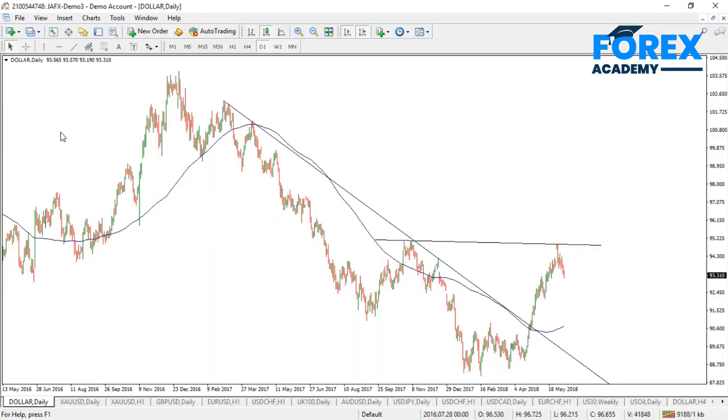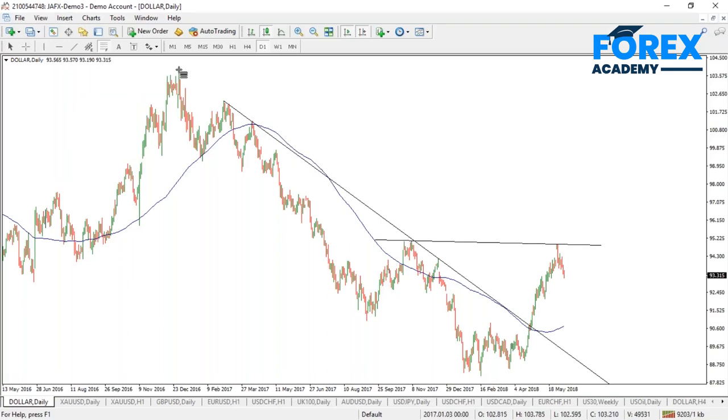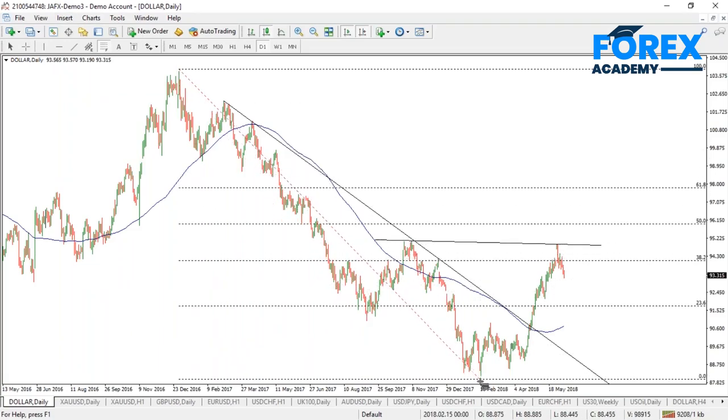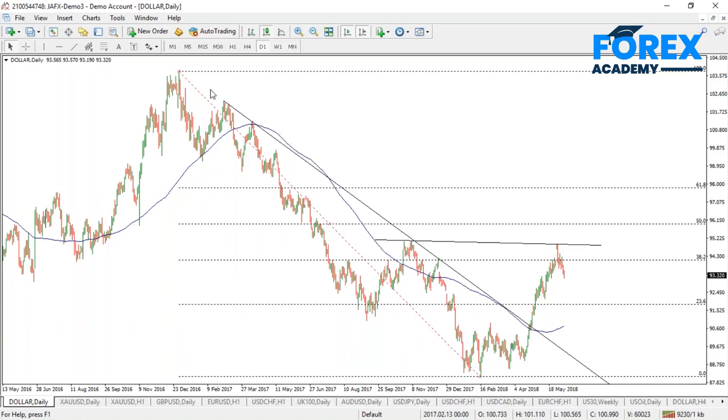If we go back to the chart, we can very easily just select Fibonacci retracements in this particular instance, identify the high and the low that we'll use as a reference point, and we can then clearly see what our Fibonacci retracement levels are. For our purposes, we'll focus our attention on the 38.2%, the 50% retracement, and the 61.8% retracement.